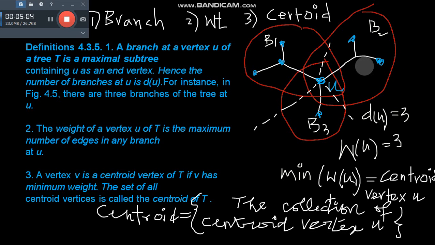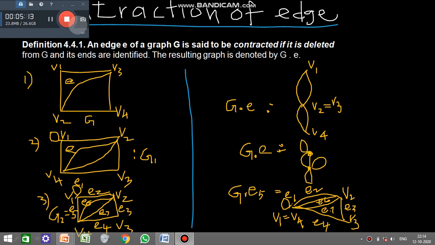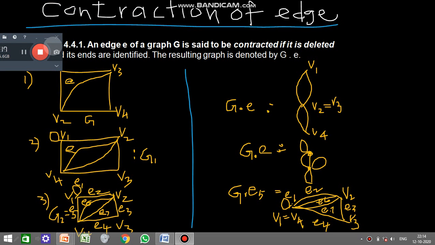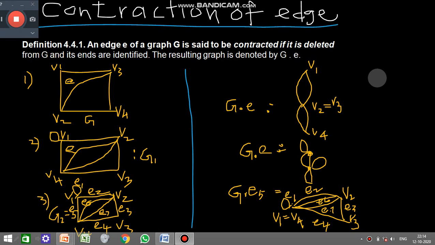Okay, now let us come to the next definition, that is called contraction of an edge. What is a contraction of an edge? Contraction of an edge is nothing but we are removing the edge of a graph.